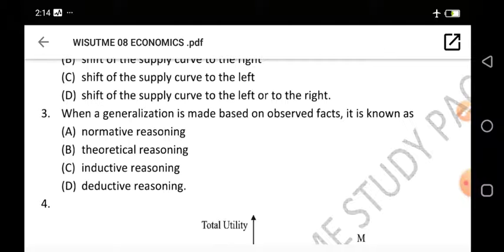Inductive reasoning makes a broad generalization from a specific observation. So when we talk about inductive reasoning, we are talking about application of prediction. It is applied to prediction, forecasting, or behavior, just like we have under consumer behavior.